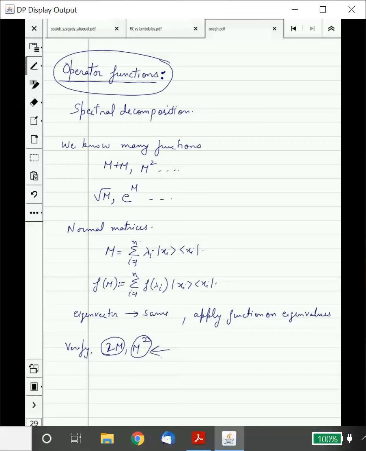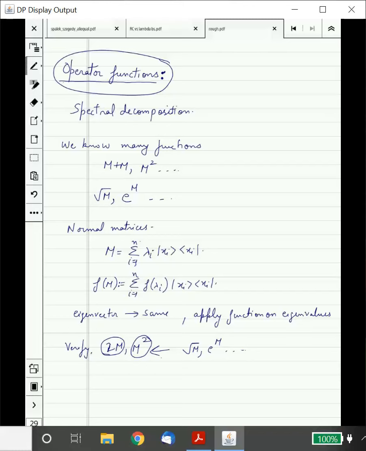And this allows us to talk about root M, e to the power M, etc. You can try taking some operators and applying functions on them and see how you define it. These operator functions will be helpful later.